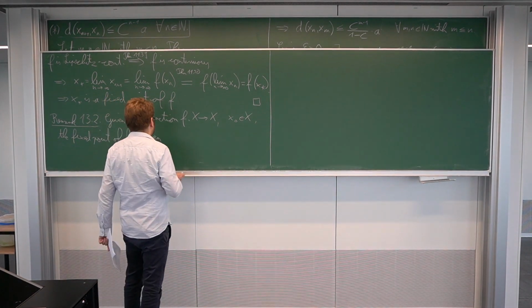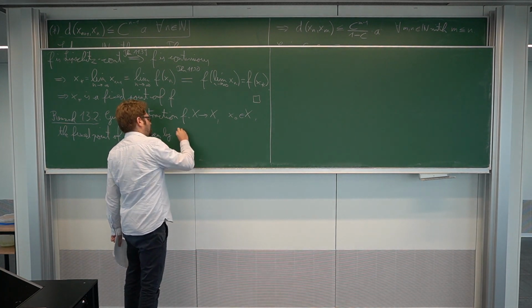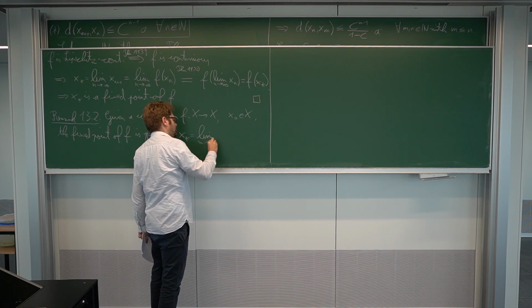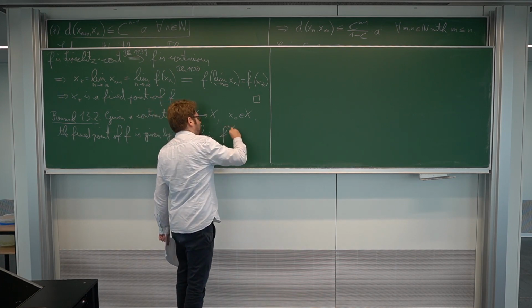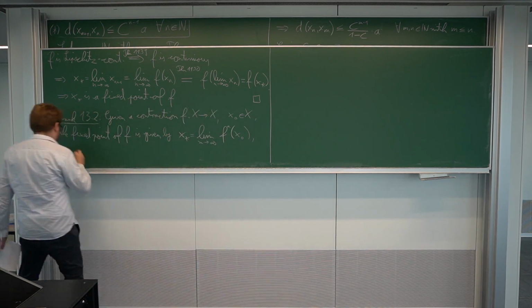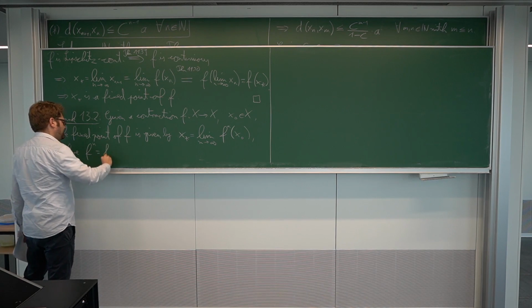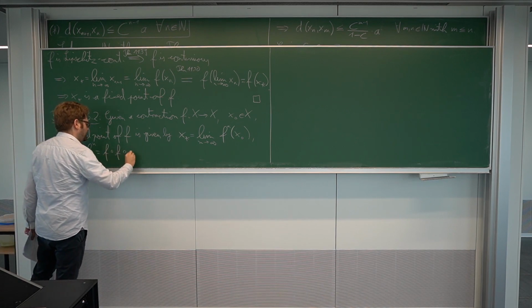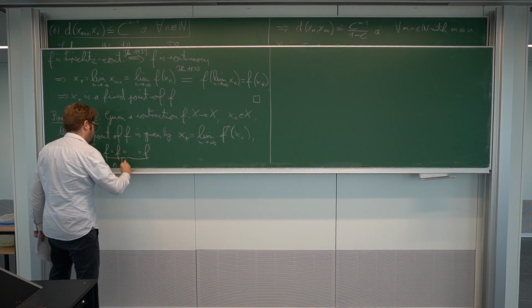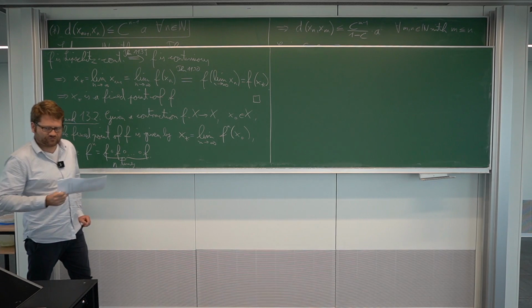And if we just write this slightly differently, namely in general, if we have such a map, we can define this as the limit as n goes to infinity of f to the n of x0, where f to the n is just the n-fold composition. So f to the n is just f composed with f, composed with f, and so on, n many times. Okay, and this is something we might be able to compute.